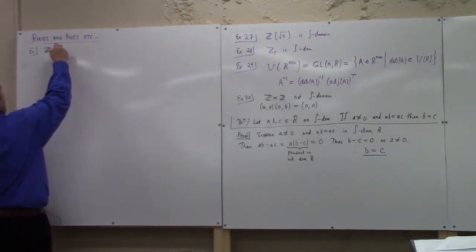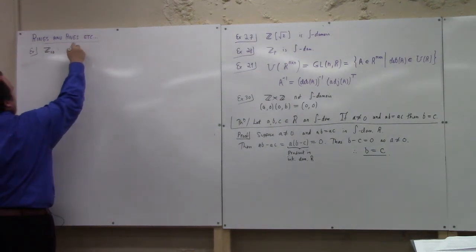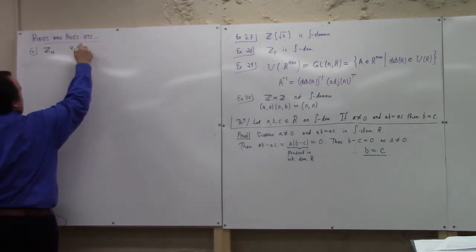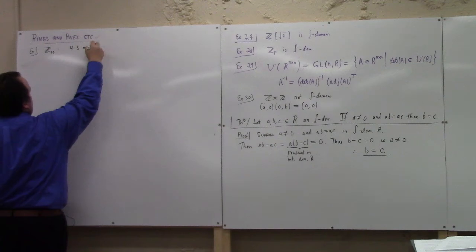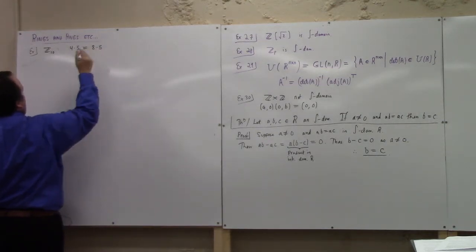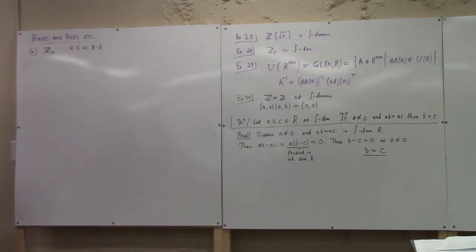You could have something like 4 times 5 is equal to, I don't know, 8 times 5, right? Those are both equal to 0.